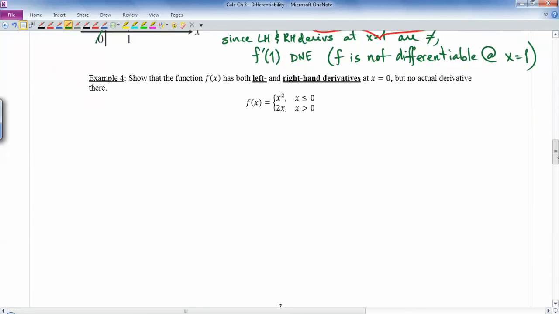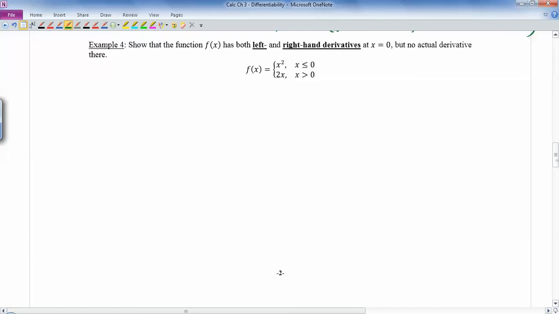So example 4 says, show that the function f has both left and right-hand derivatives at 0, but no actual derivative there. Before I jump into this one, I'm going to draw a quick picture for it. On the left side of the graph, where x is at most 0, there's a parabola, y equals x squared, and it includes 0, 0.